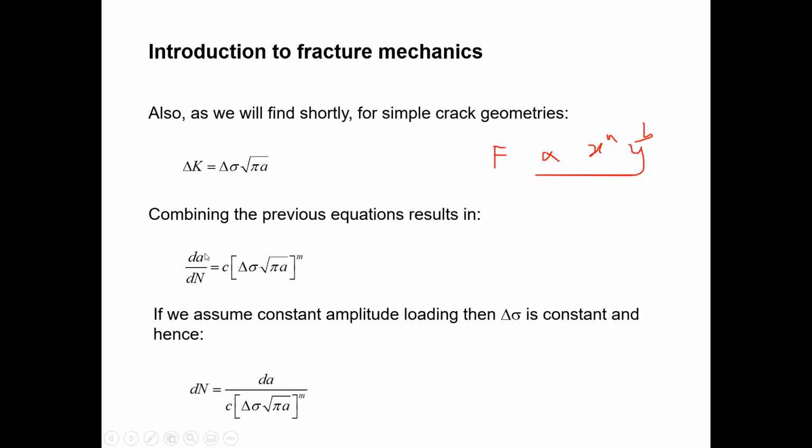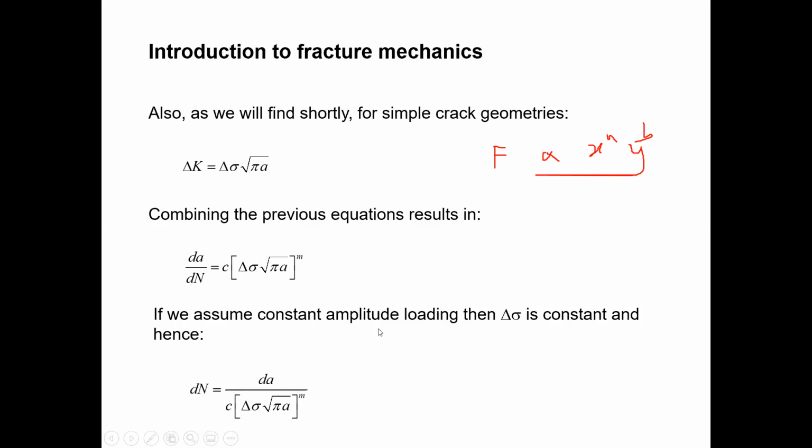Normally we are not going to find out the crack growth rate. This dA divided by dN denotes the crack growth rate. If they ask you to find the crack growth rate, you need to use this one. But normally they will ask for the number of cycles. So then you need to rearrange.